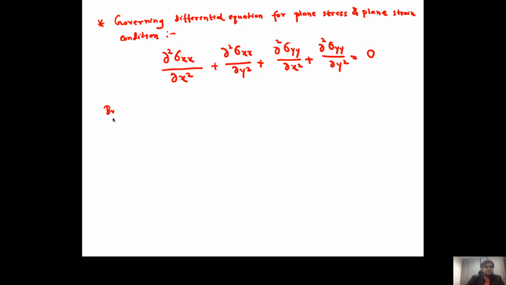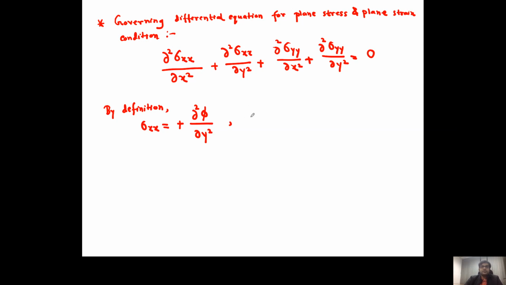by definition, we have sigma xx to be equal to, minus, not minus, sorry, plus del 2 phi by del y2.